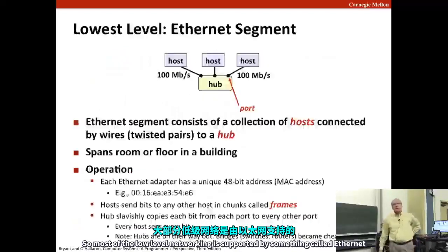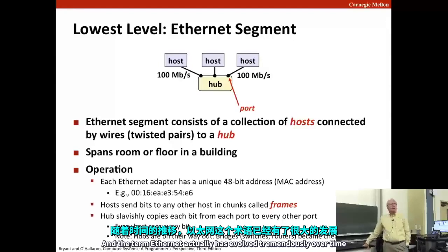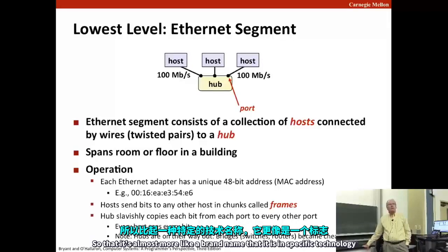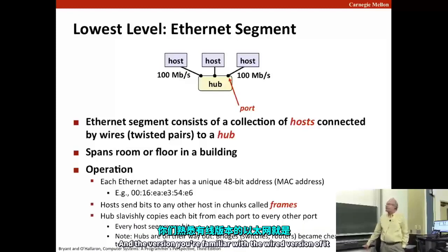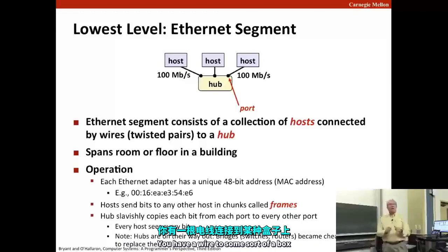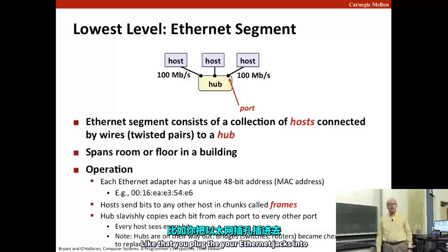So most of the low-level networking is supported by something called Ethernet. And the term Ethernet has actually evolved tremendously over time so that it's almost more like a brand name than a specific technology. And the version you're familiar with, the wired version, you have a wire to some sort of box like that you plug your Ethernet jacks into.